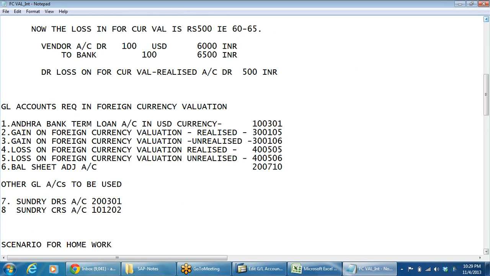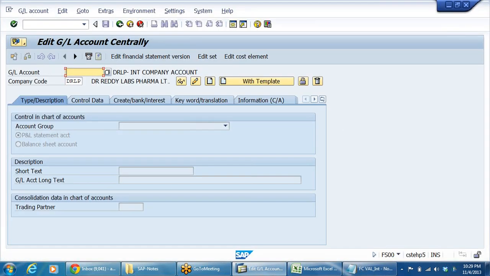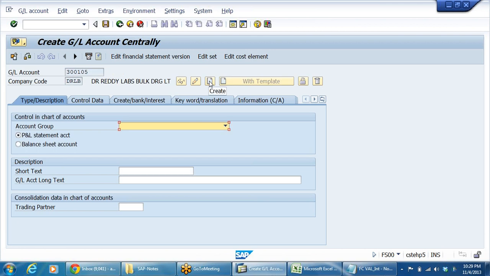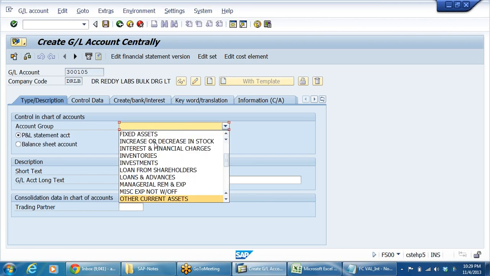Realized, unrealized. In Dr. Edlab Bulk Drugs I am creating. Account group: other income.